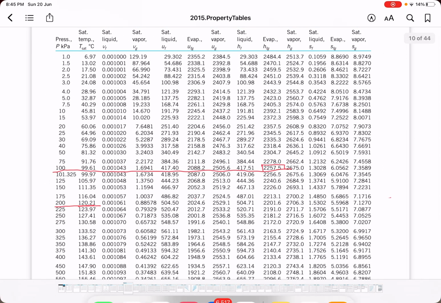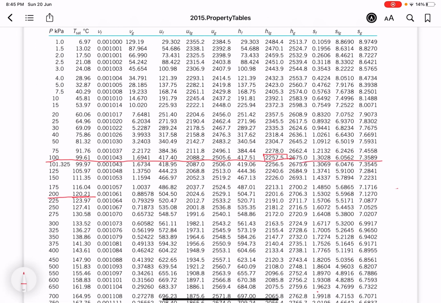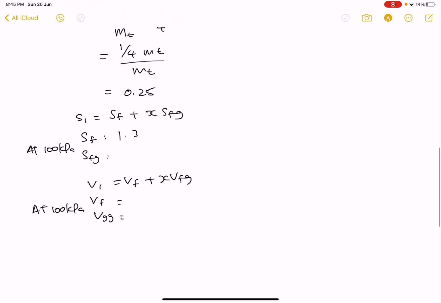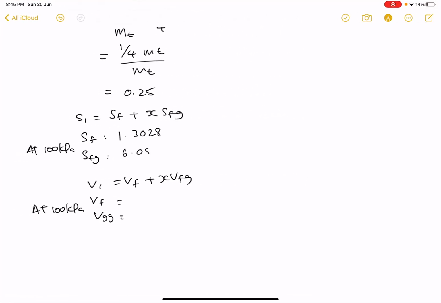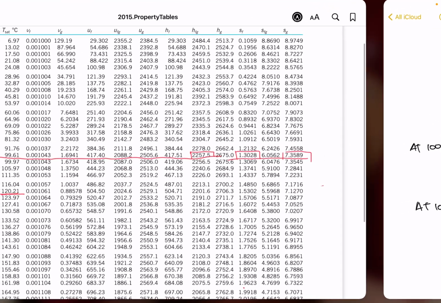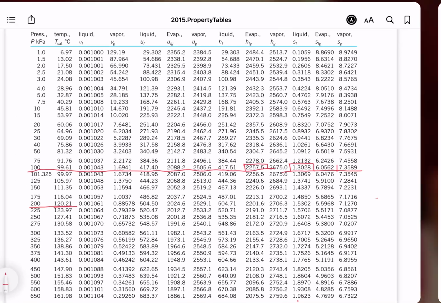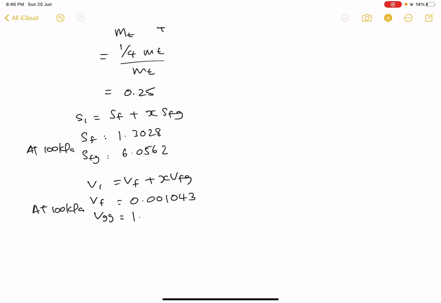The value of Sf is 1.3028, and Sfg is 6.0562, while vf is 0.001043, and vfg is 1.6941 minus 0.001043. So you calculate it.